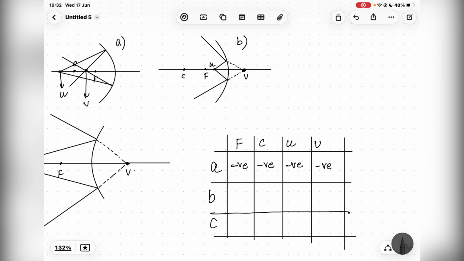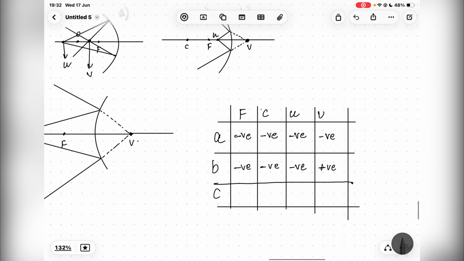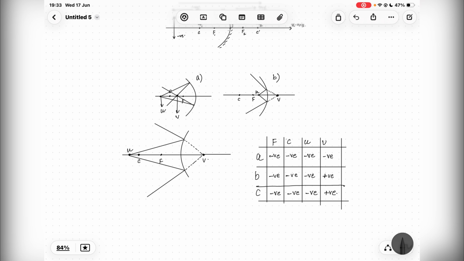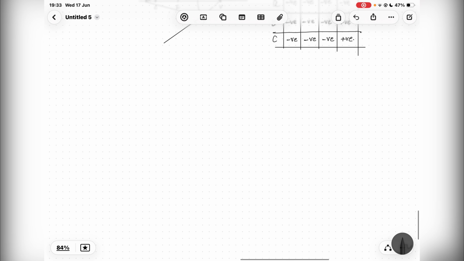In the case of B, focus negative, center of curvature negative, object distance negative, but image distance is positive because it is after the pole. And in case of C also, focus is negative, center of curvature is negative, object distance from the pole is negative, and the image distance from the pole is positive. So the sign convention works something like this.